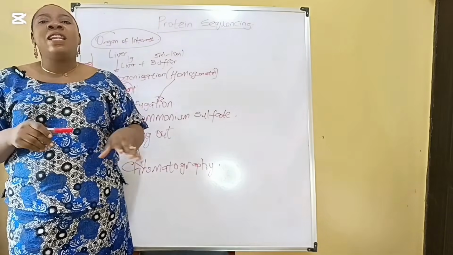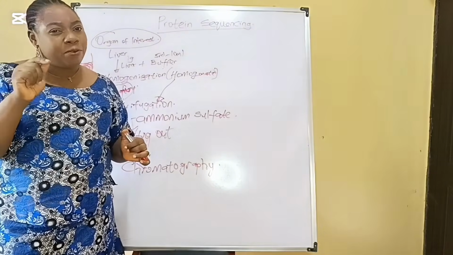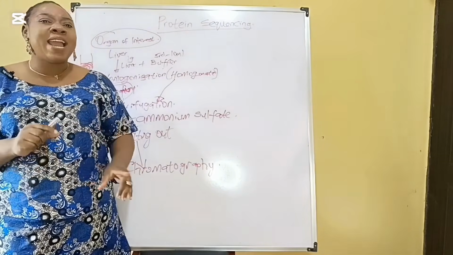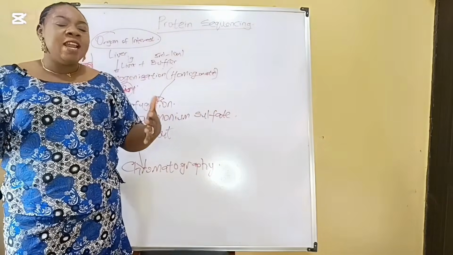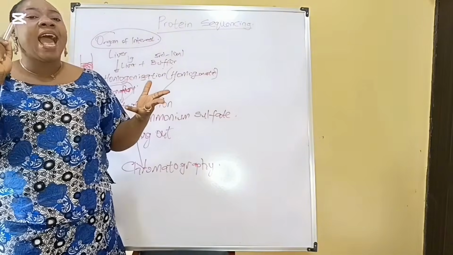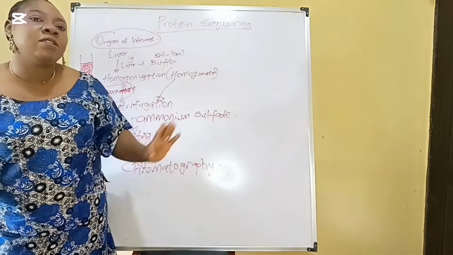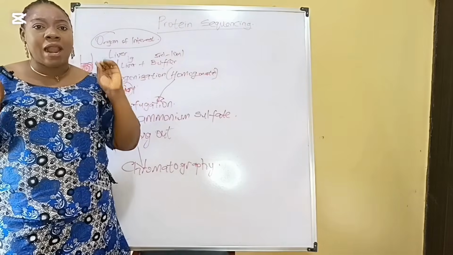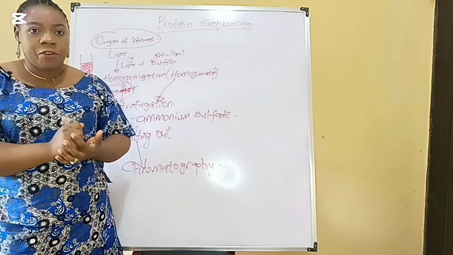The rate of separation of your sample is determined by the interaction of your sample with these phases. The way your sample interacts with both the stationary phase and the mobile phase will determine the rate of separation of that particular sample. That's just how chromatography works.